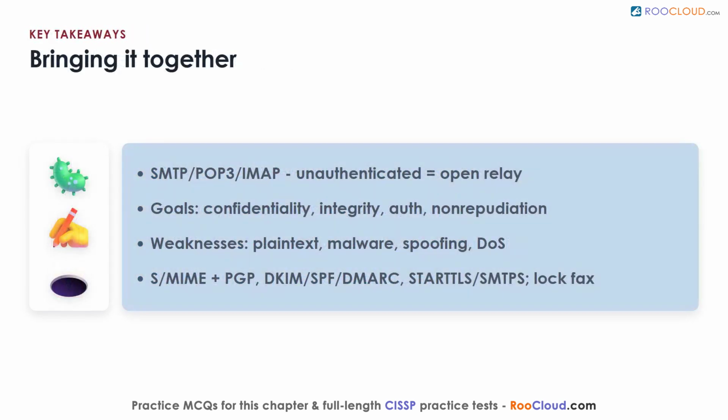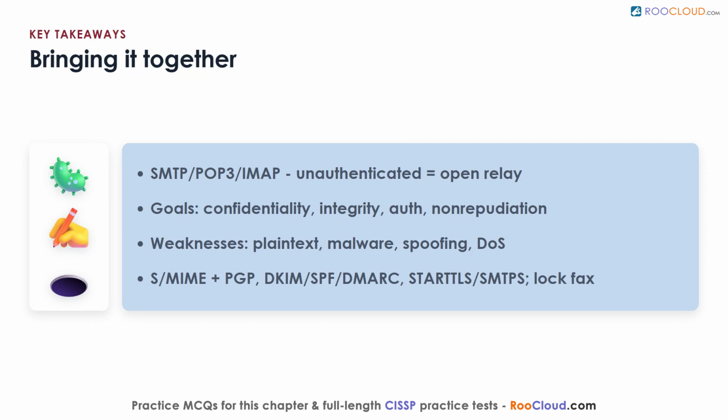So let's bring it together. Email runs on SMTP, POP3, and IMAP, and an unauthenticated server becomes an open relay. You secure it toward clear goals: confidentiality, integrity, authentication, non-repudiation, and more, all anchored in policy. Its baked-in weaknesses include plain text transit, malware delivery, easy spoofing, and denial of service.